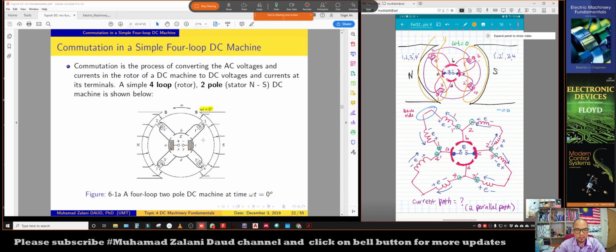As you can see in this figure that I have redrawn, there are voltages induced for each wire loop.